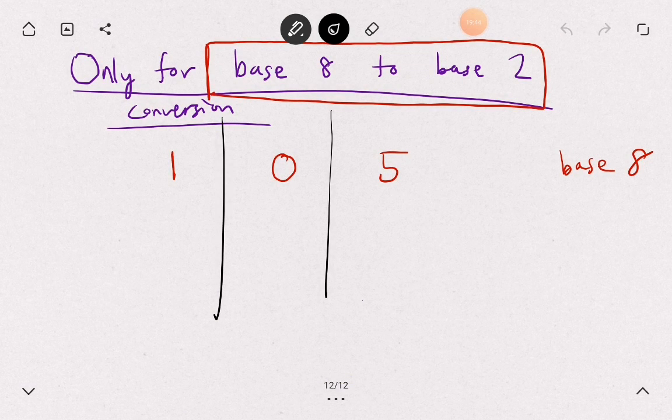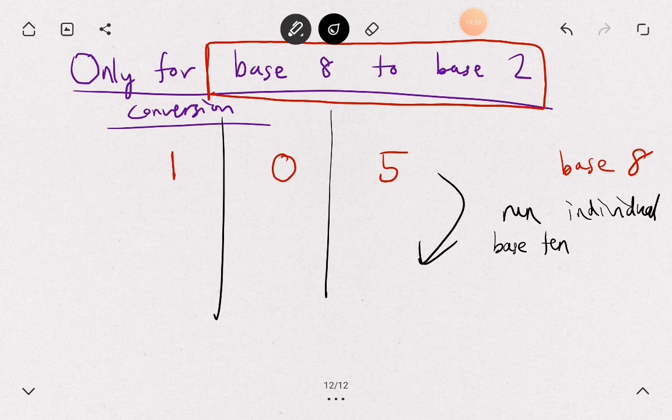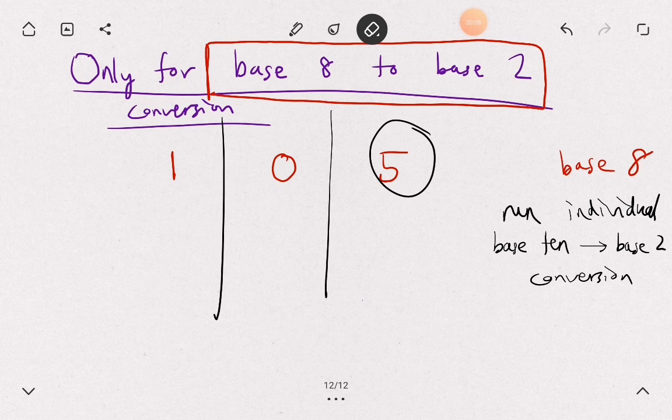So basically the method is you run individual base 10 to base 2 conversion. Basically, 5 in base 10, how do you convert to base 2? You can do repeated division, right?